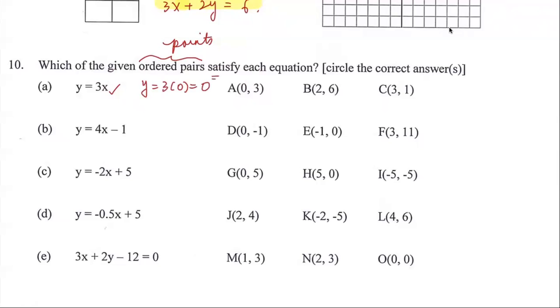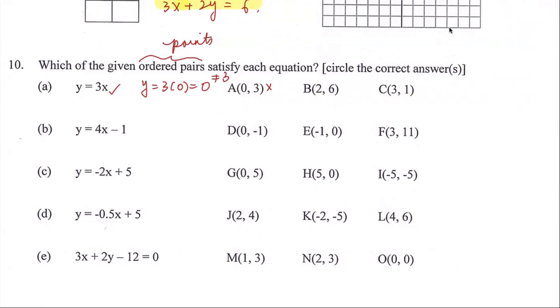This is not equal to 3, which means A is not a correct answer. This means the point 0, 3 is definitely not on the straight line y equals 3x. Okay, let's try B.